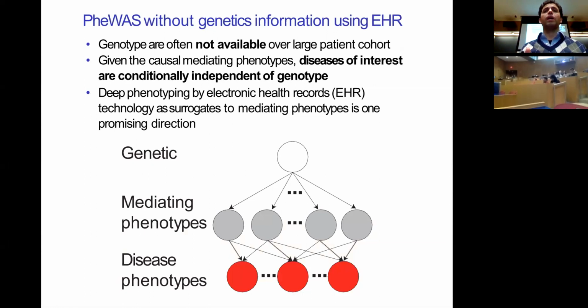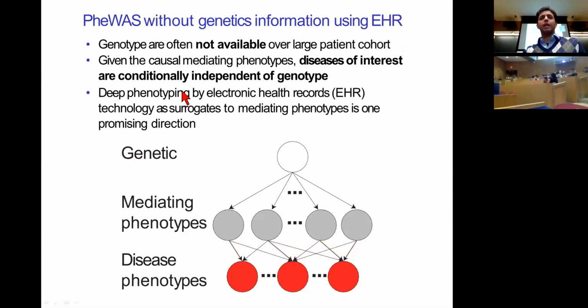So basically, we're looking at 10,000, 50,000, 100,000 for some of the largest cohorts, but still nowhere near the millions. So the genotypes are often not available over the large patient cohorts, but given the causal mediating phenotypes, diseases of interest are conditionally independent of the genotype.